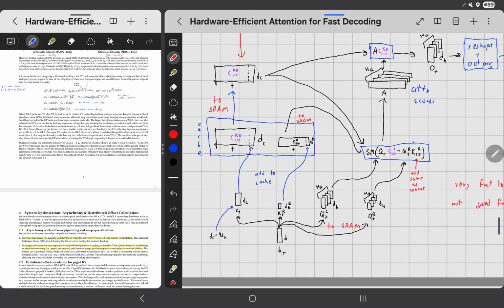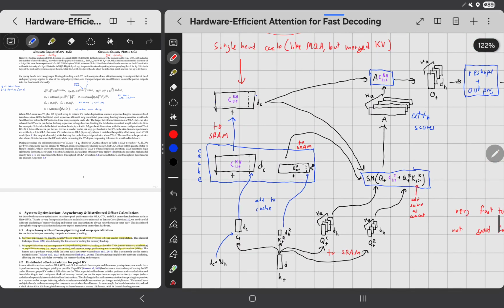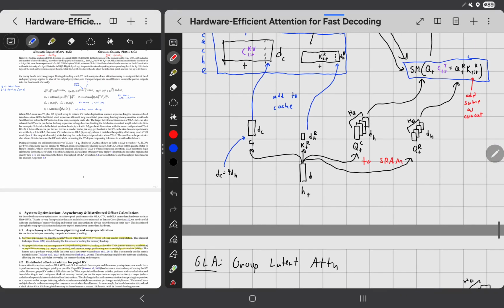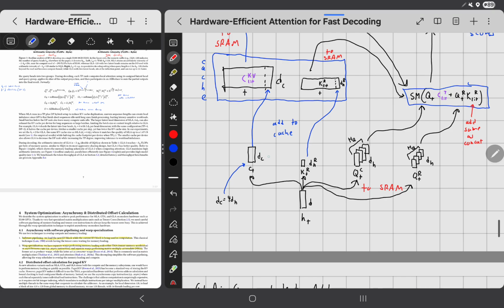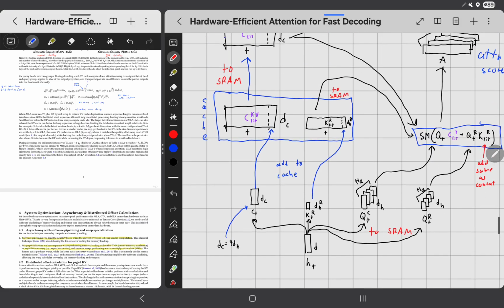So what does this look like? To make this look a little bit better instead of this mess up here, it looks very similar to what we had above. Basically, you have your input here, your hidden values at time t. You project this to your C vector, where DC is going to be 1/4 of your head dimension. So this is kind of like down projecting in a way, and this is going to represent your keys and values.